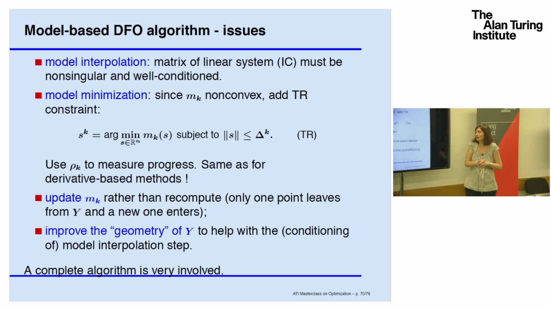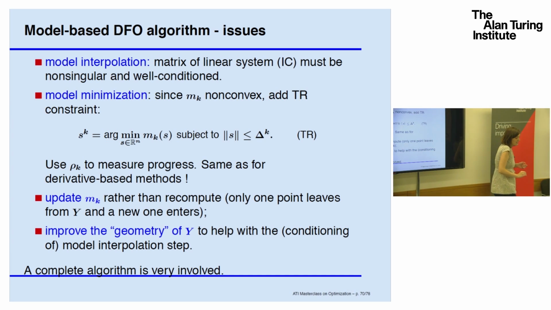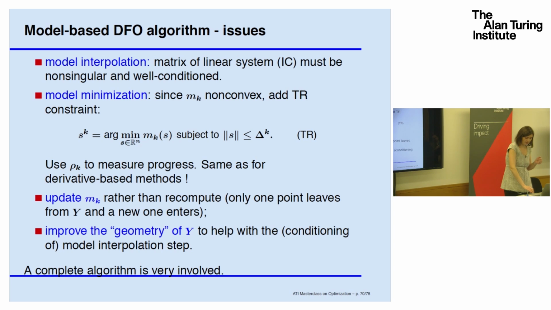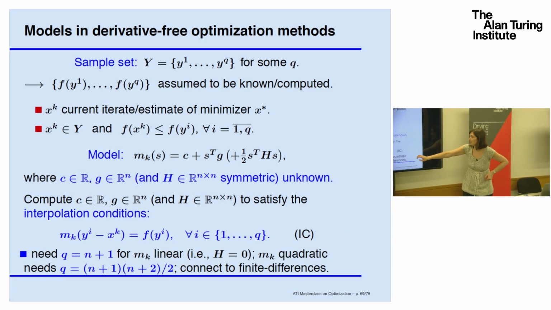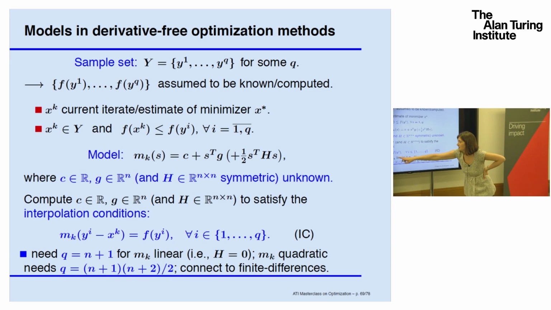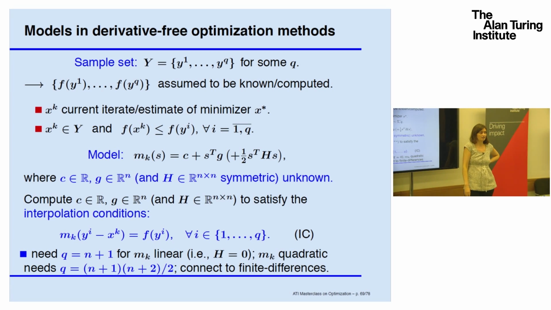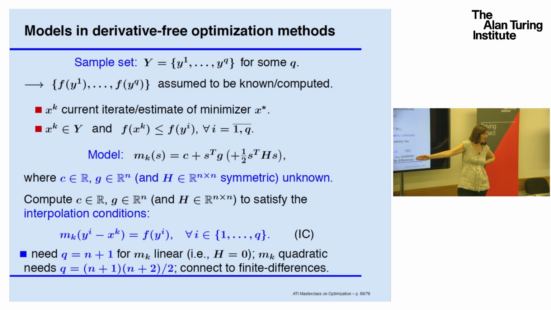The other thing we do in these methods is this. I said that I need a lot of function values to calculate my models: order n for a linear, order n squared for a quadratic. This is the cost of finite differencing, right? This is quite expensive.